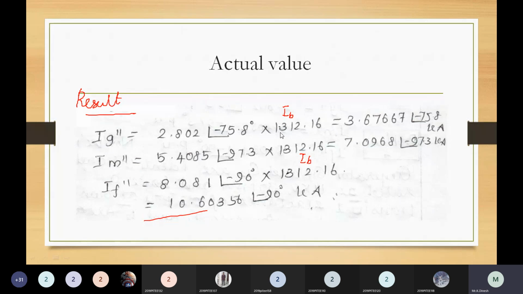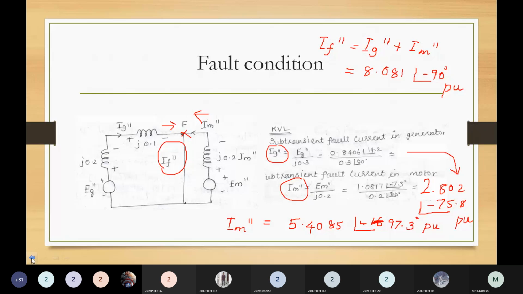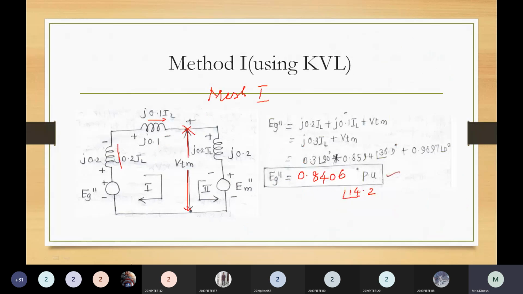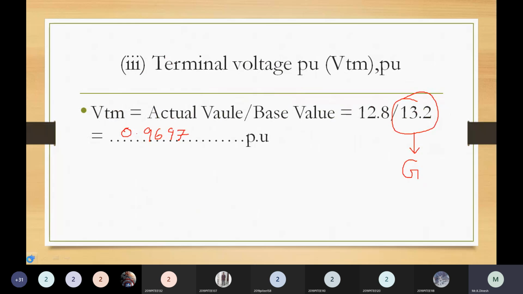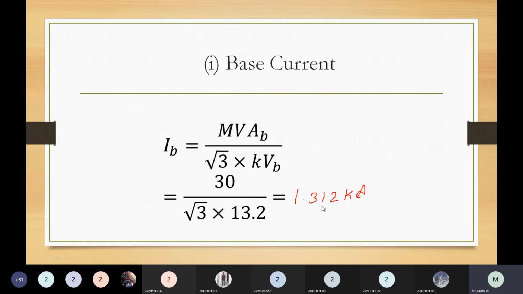I am multiplying with 1.3116. Why am I multiplying here? In case of actual values, you need to multiply with your base current. In the first step, we obtained the base current value. That is IB, 1.312.